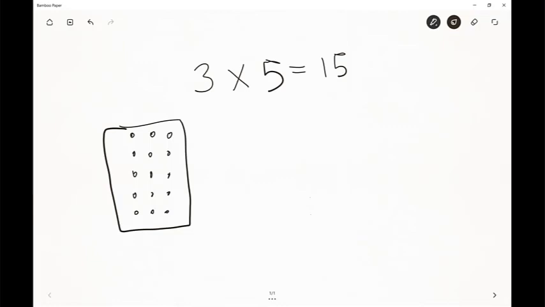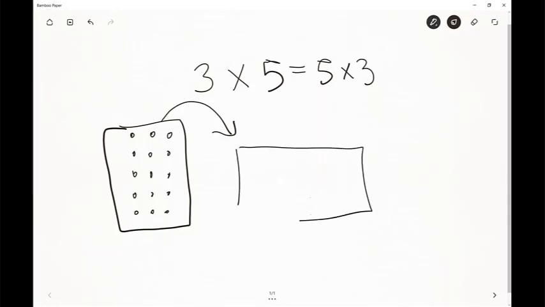But then we also write down that 3 times 5, for example, is equal to 5 times 3. How do I show that then? Well, can I show it to make our children understand? If I put this 3 times 5 on a piece of paper, like this array, and then I rotate the paper, what do I have?